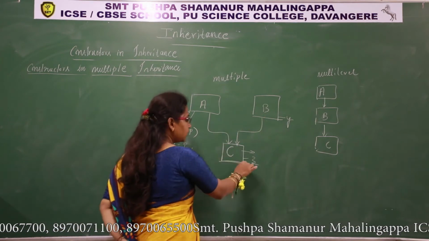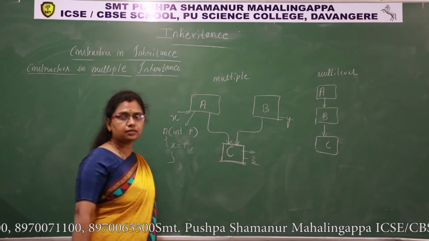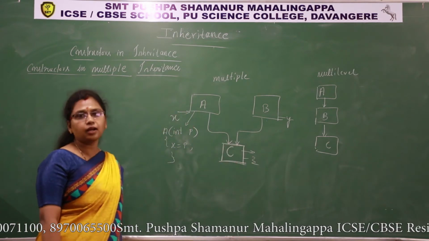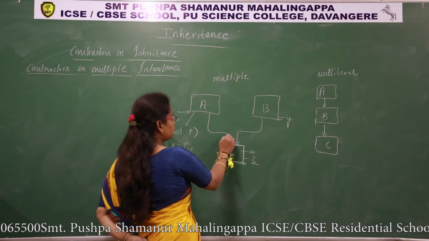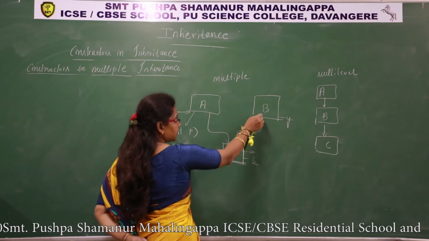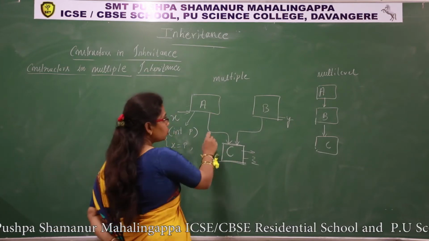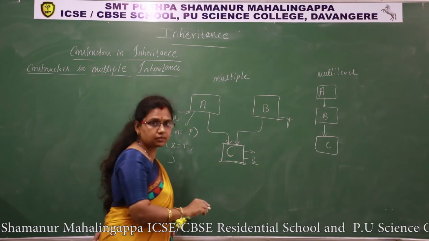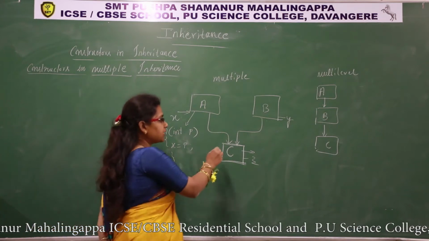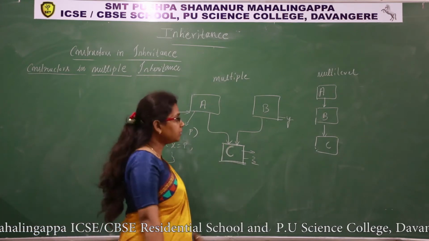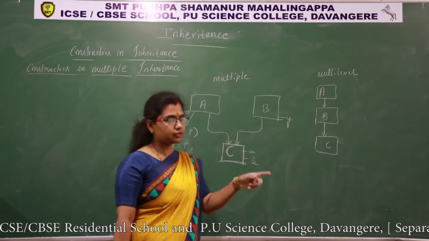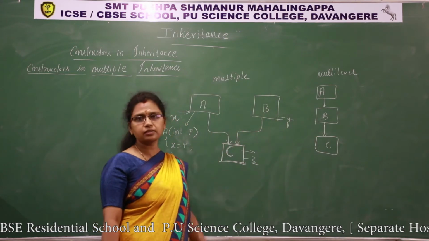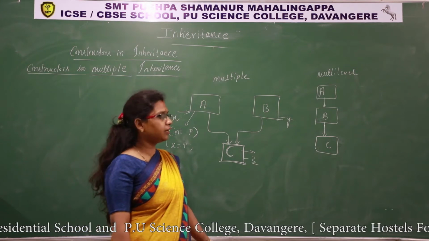Class C constructor has to pass initial values to both class A and class B. For these two classes, who has to pass the values? Class C only. Of course, class C has to pass initial values to its parent classes A and B.